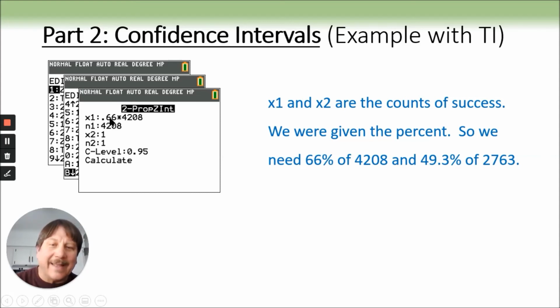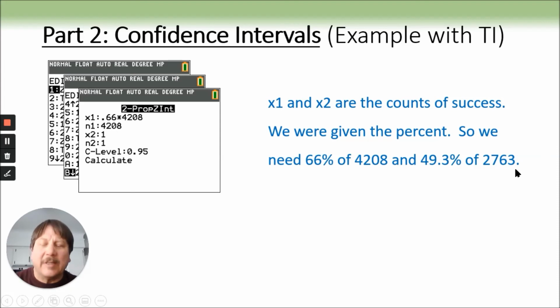So x1 is the count of successes, and n1 is the sample size, and the next two will be for the other one. You get to choose which one is 1 and 2. I was doing the larger one, with women in the car, the 66%. It's going to be my 1, and the smaller one, the 49.3%, for number 2.